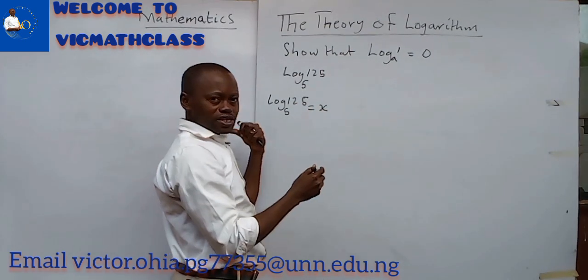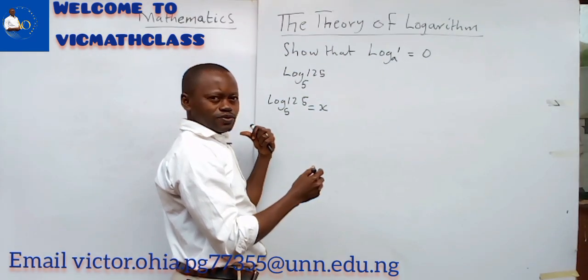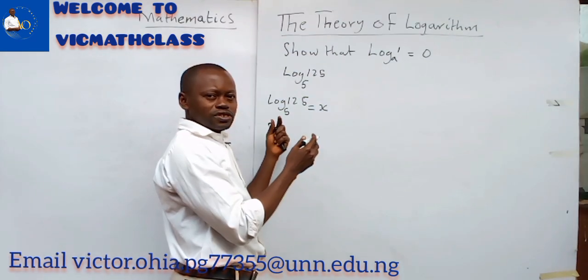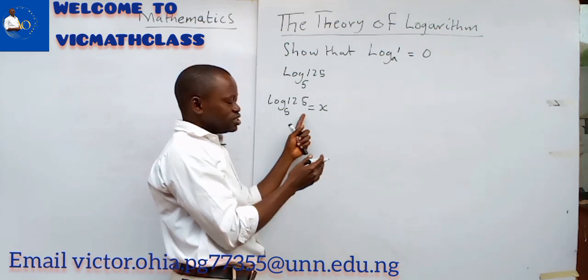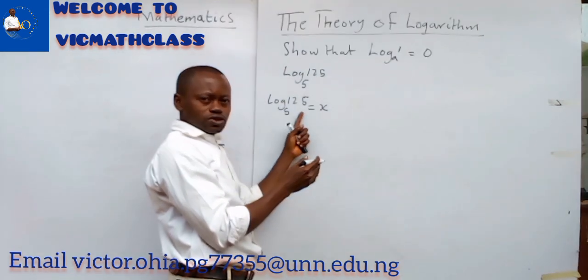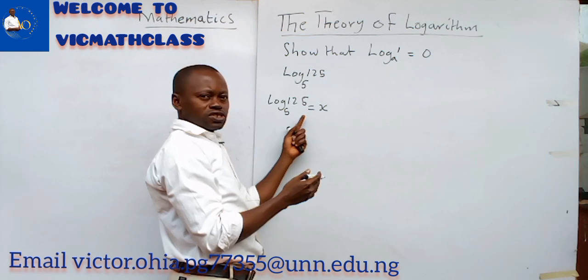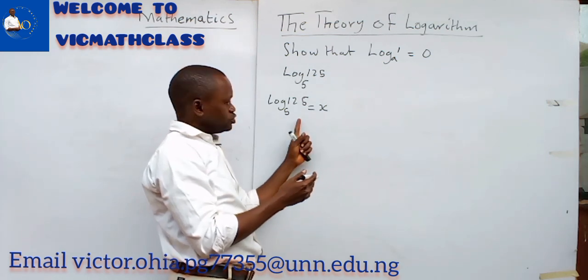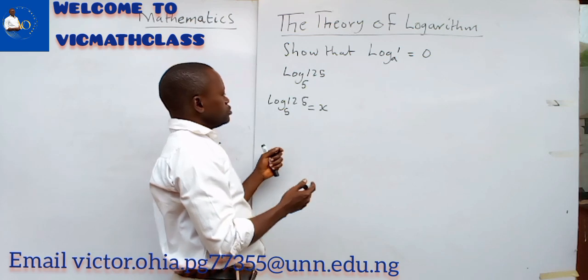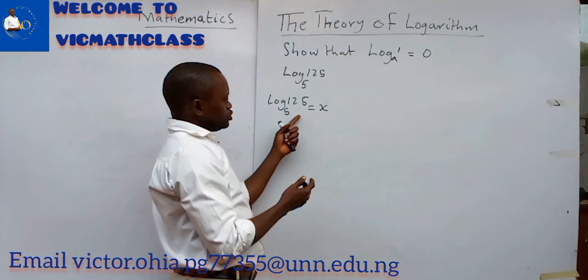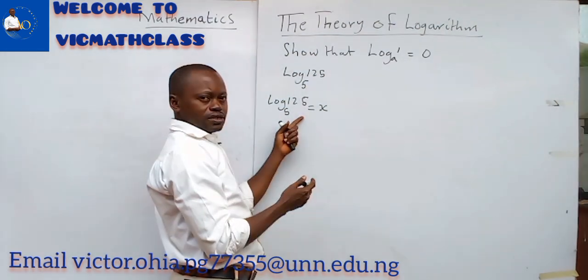If you just watch the last class I did, where I solved the problem that has to do with logarithm of number resulting to simultaneous equation, you will see me demonstrate. You must have seen where I made use of an idea like this. So if you saw that, you would understand it here.